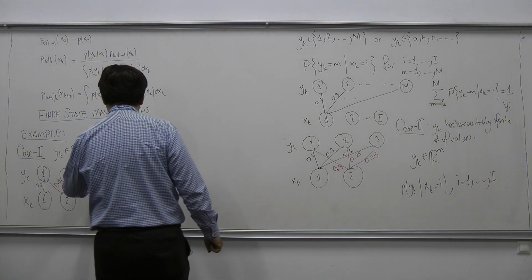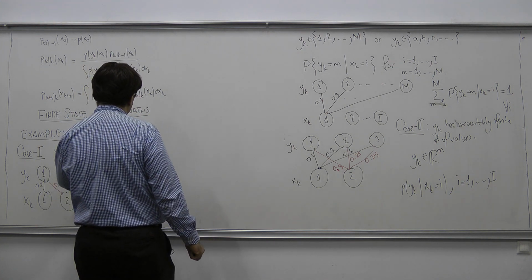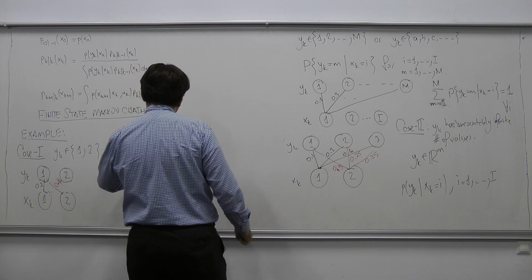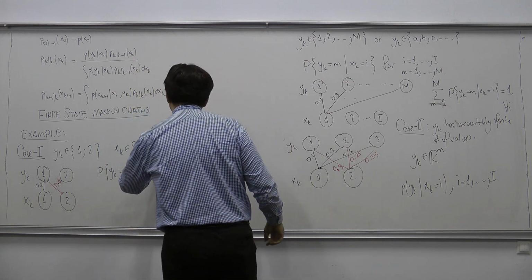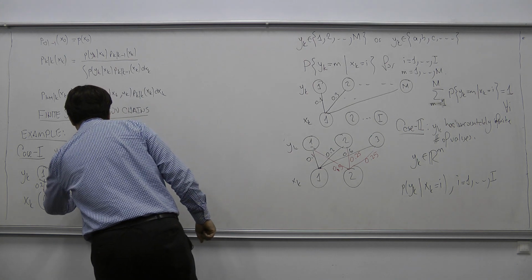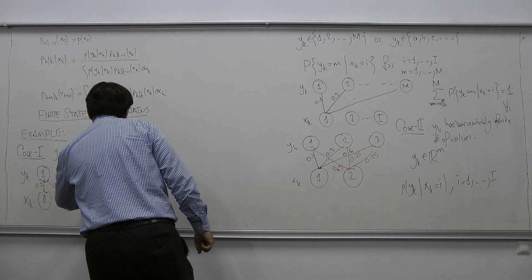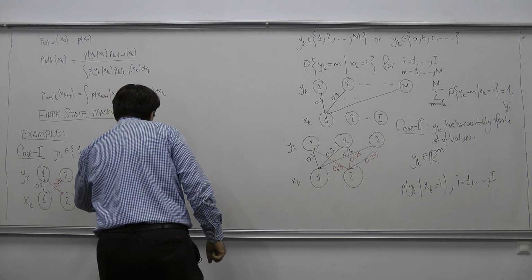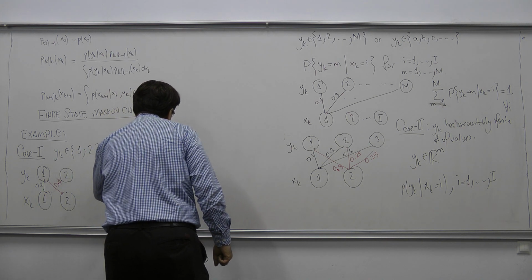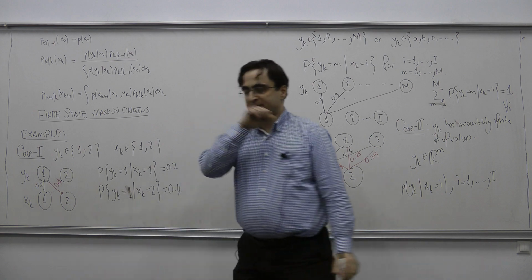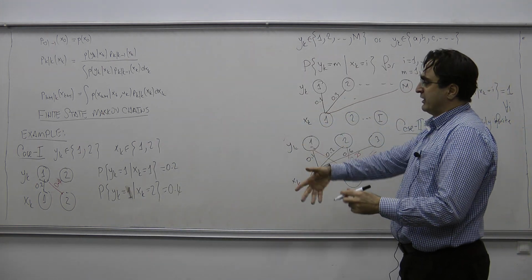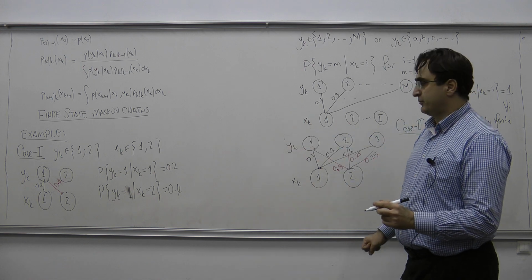These are the probability that yk is equal to 1 given xk is equal to 1, and this is given as 0.2, and probability that yk is equal to 1 given xk is equal to 2, this is given as 0.4.